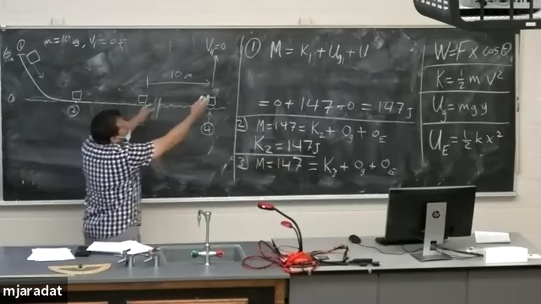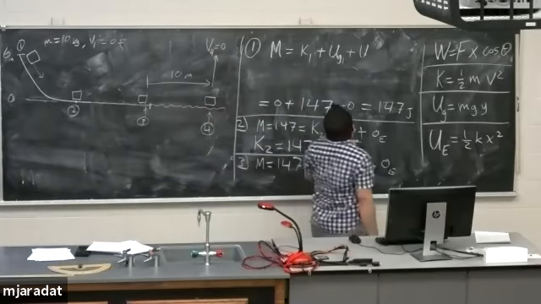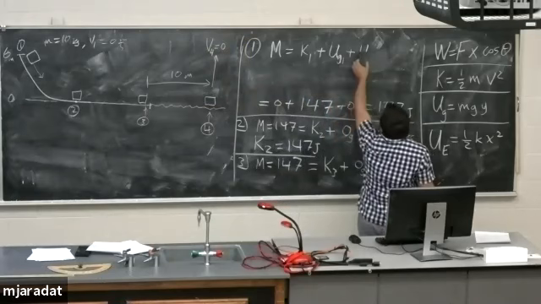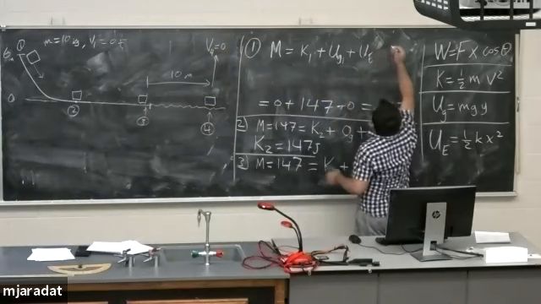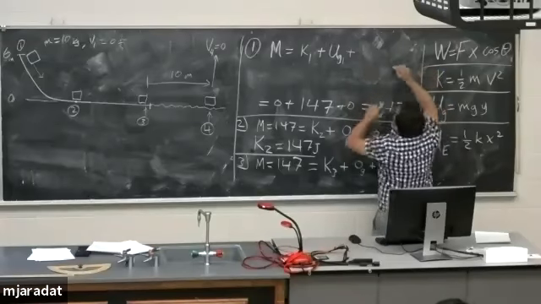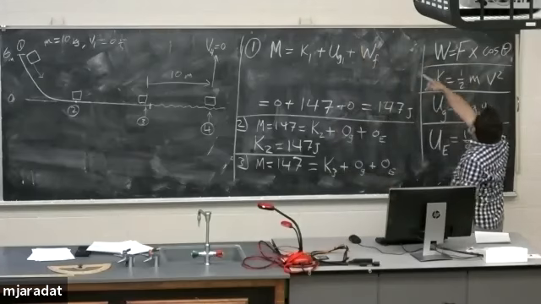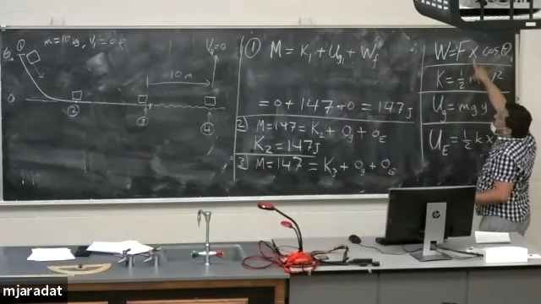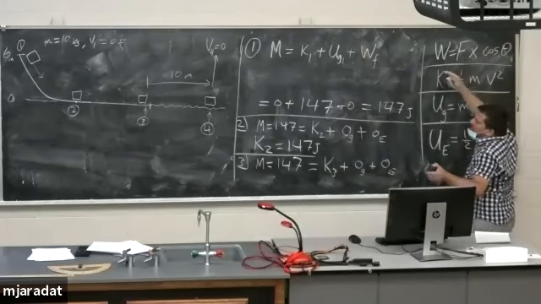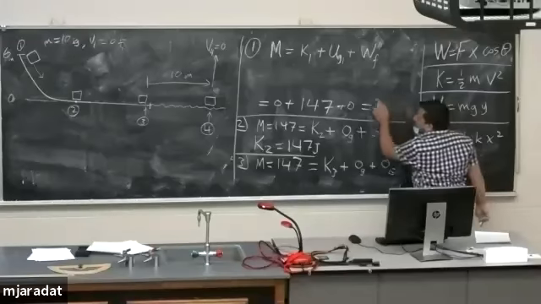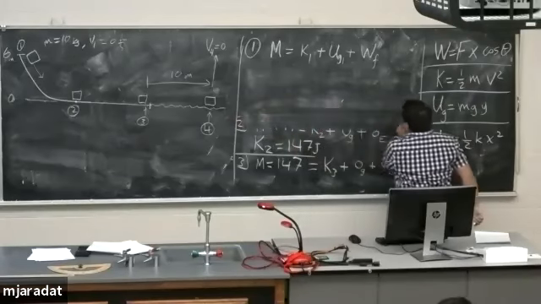Now the mechanical energy: we have the kinetic energy, we have the potential due to gravity. We don't have any elastic potential, we don't need it. We have the work done by the frictional force. The work done is F times x, which is the distance, times cosine theta. That's it.